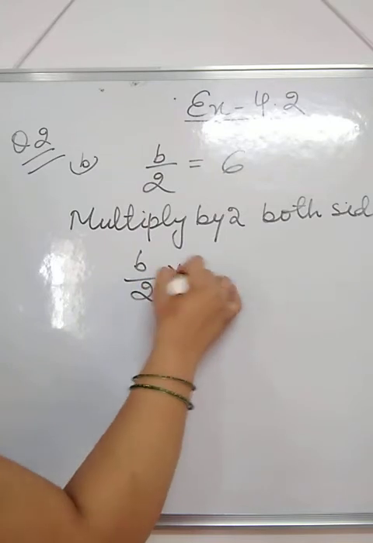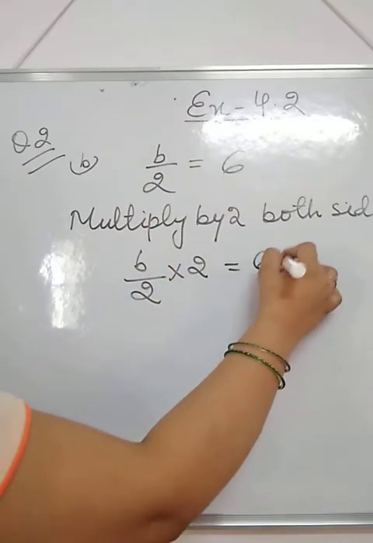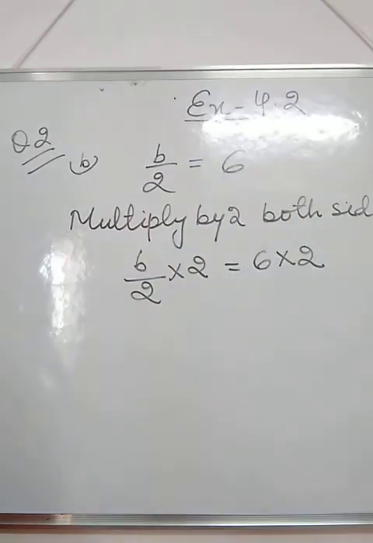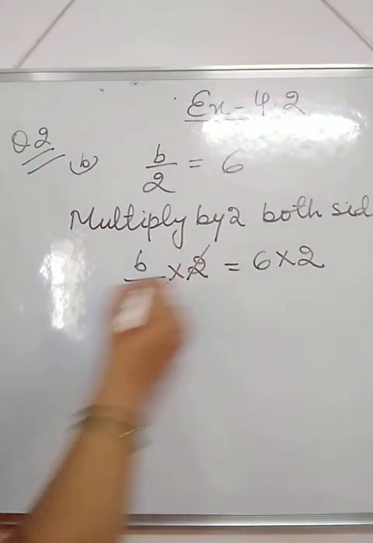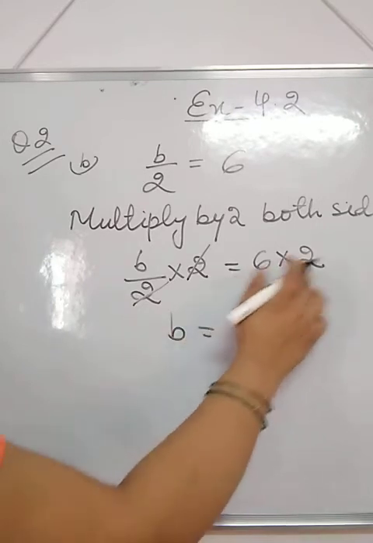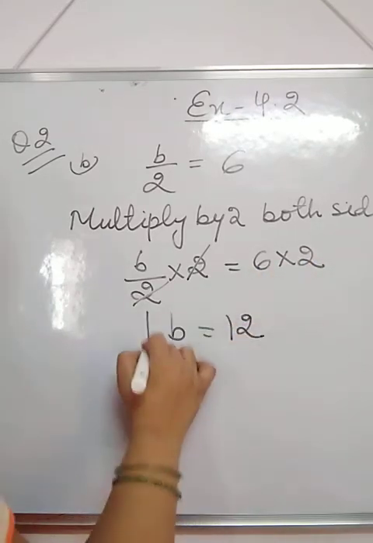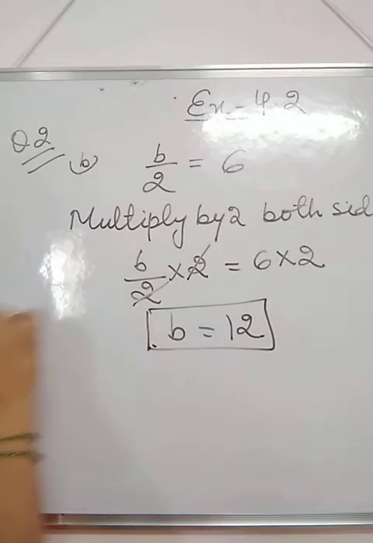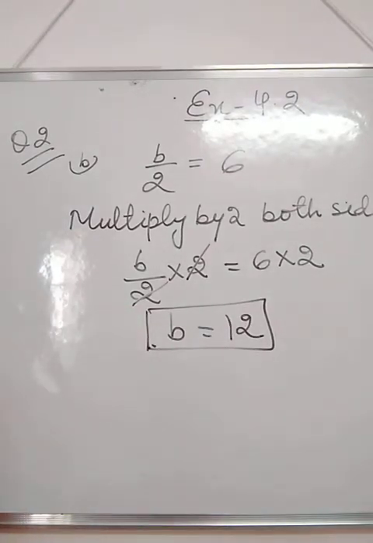B upon 2 multiplied by 2, and 6 multiplied by 2. Now this 2 will be cancelled with this 2. What is left here? B only, and 6 twos are 12. Now the value of B is equal to 12.